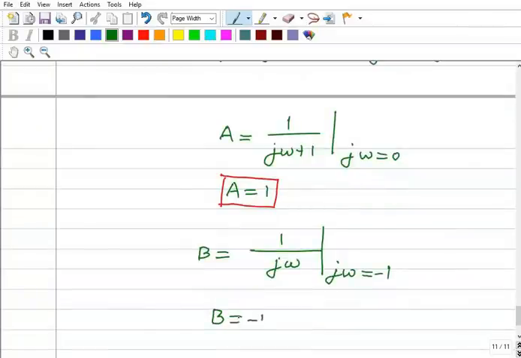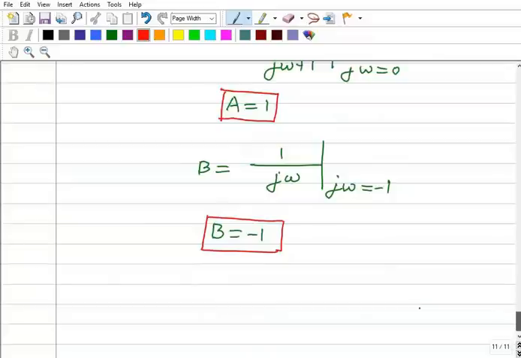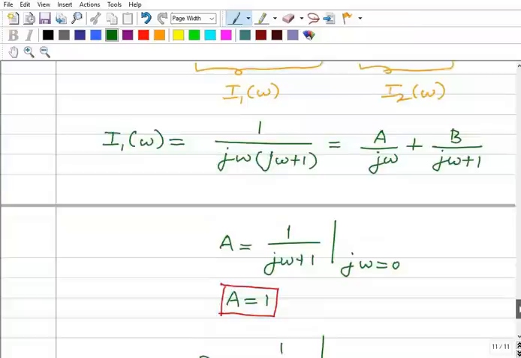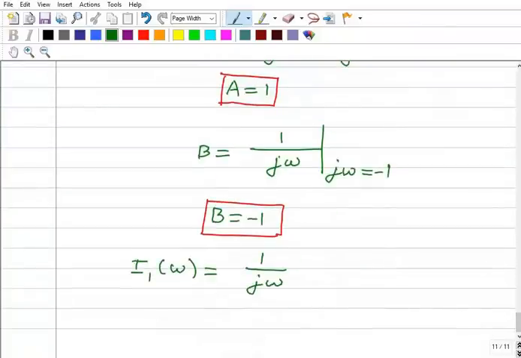So B equals minus 1. So I1 of omega is A, which is 1 over j omega, plus minus 1 over j omega plus 1.